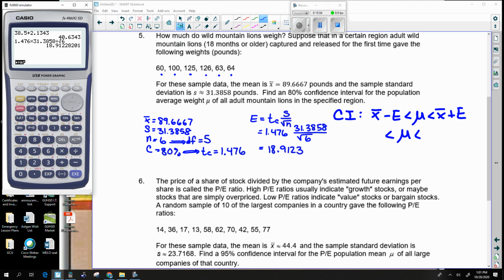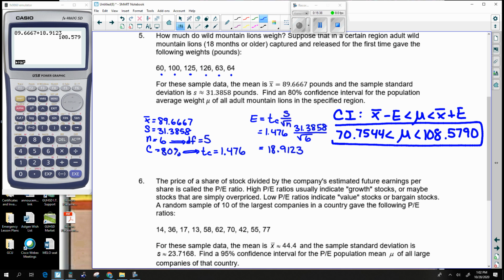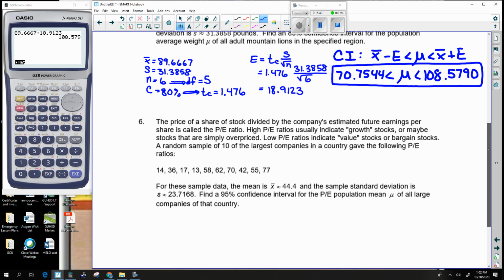All right, so X bar minus E and X bar plus E. Okay, good.